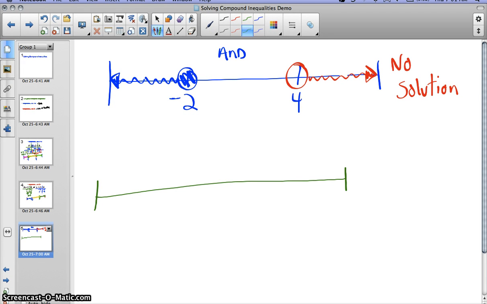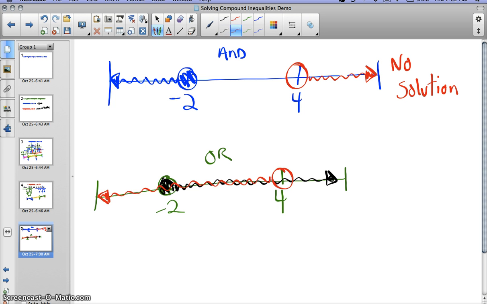Alright, let's take a look at this one. This one is going to be an OR. Let's say we'll keep the negative 2 and the 4 going on. You know what, I don't want to use green. Oops. I want my number line. Let's use black. Alright, so negative 2 is greater than, and let's use red. Open. Okay.